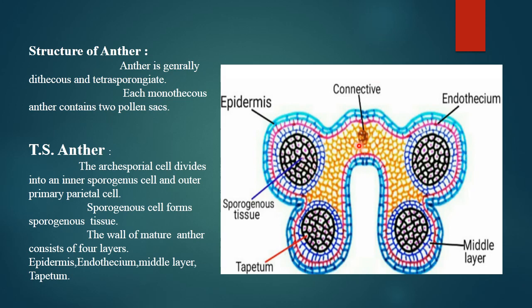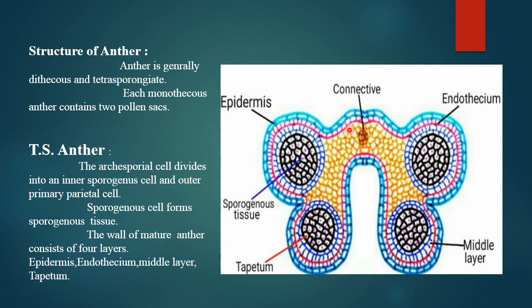Now we will see the TS of the anther. The anther is a four-sided structure consisting of four microsporangia located at each lobe. Each microsporangium consists of a single layer of epidermal cells. Below the epidermis is a layer of radially elongated cells called the endothecium.